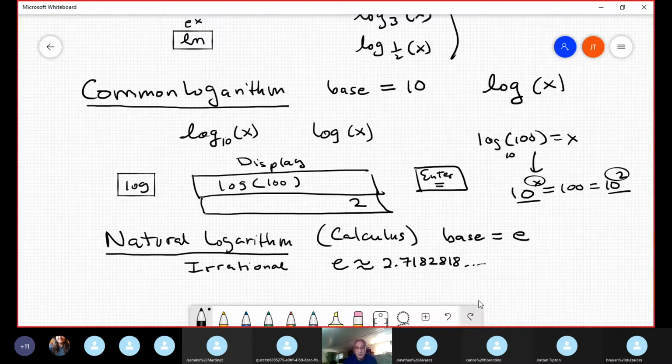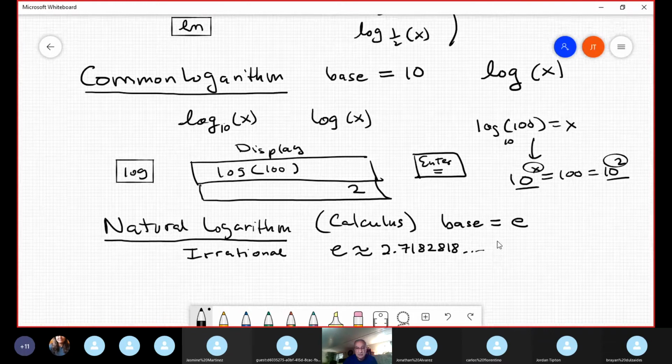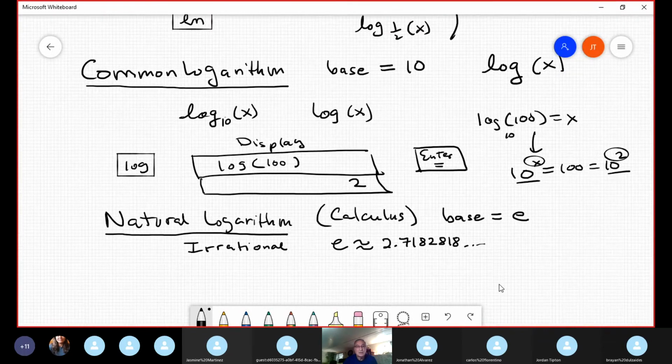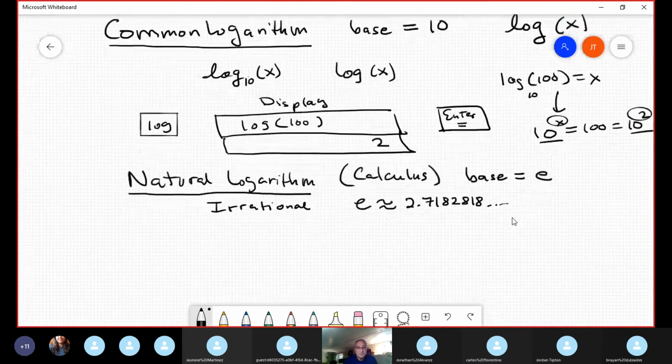Suppose that you need to visualize e in your calculator. Well, we're using that key. The same key here is LN. I want to explain LN, but we're using the function above, e to the x.